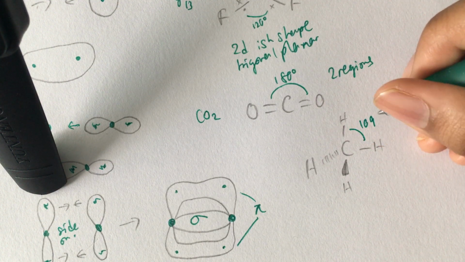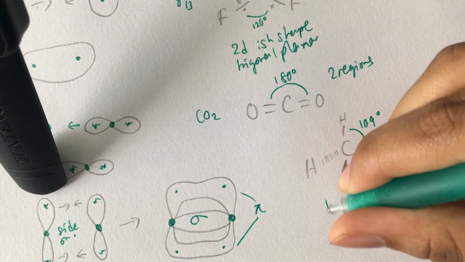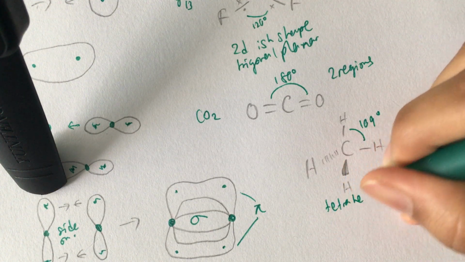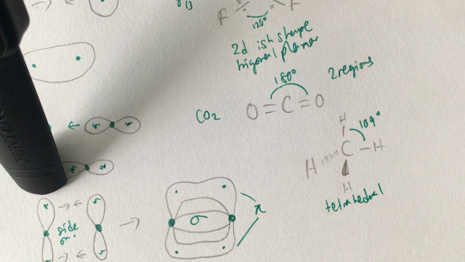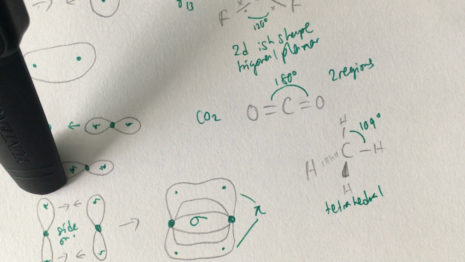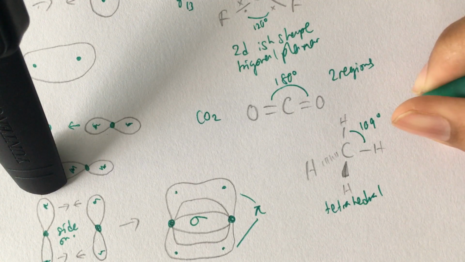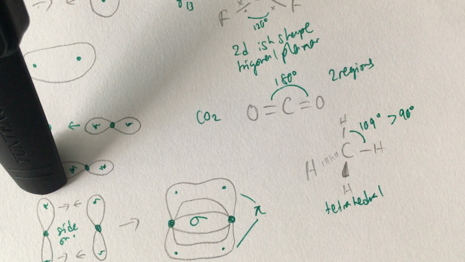So it forms a tetrahedral shape so that you have 108, 109 degrees of separation, rather than a forced 90-degree separation, which is what you would get if you forced it into a plane. So now it becomes a bit more 3D in shape.